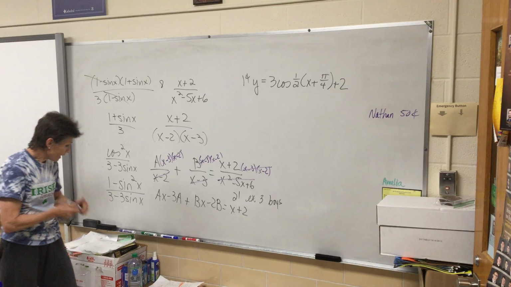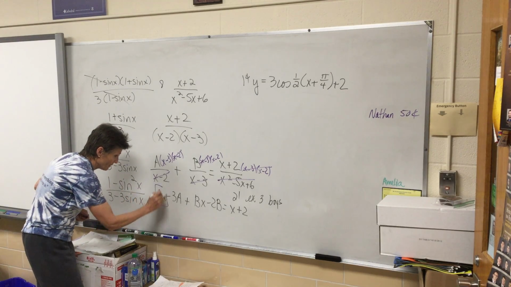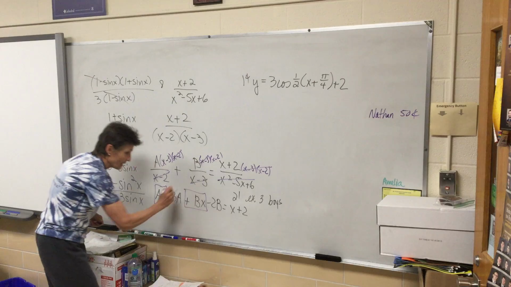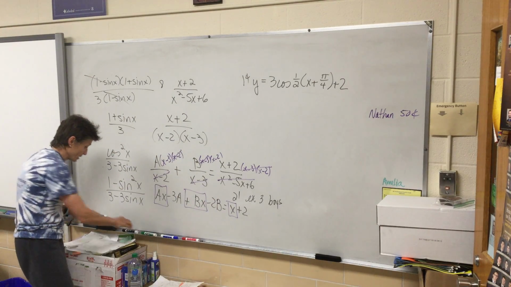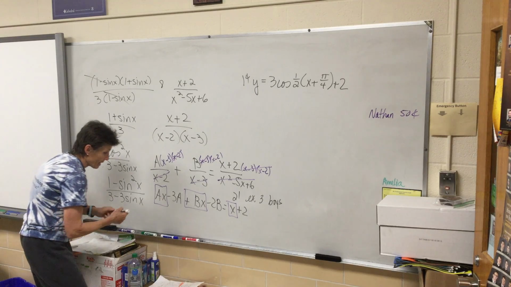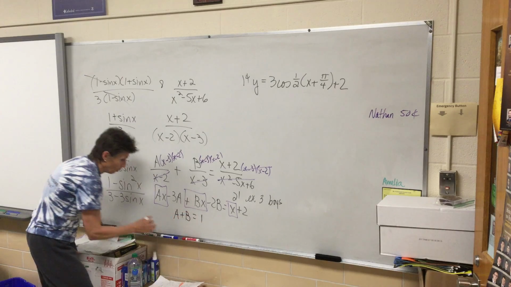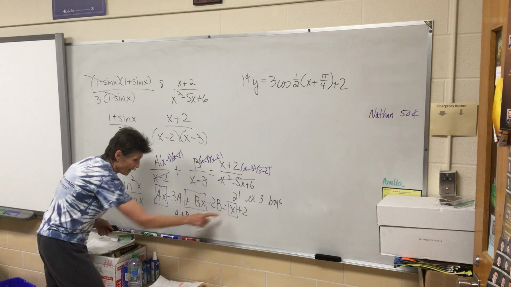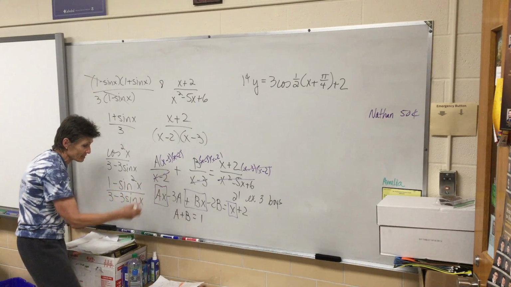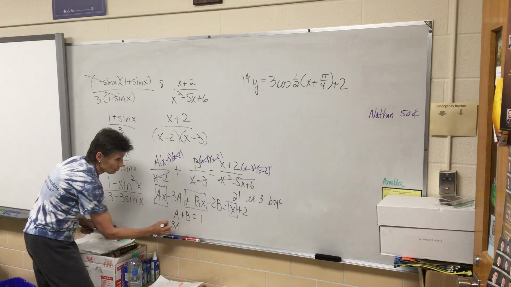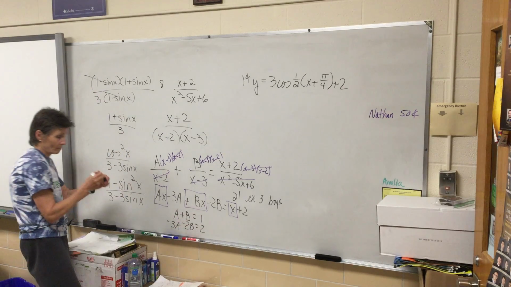Now, in this equation, the x's on the left have to equal the x's on the right. In other words, a plus b has to equal 1. And the non-x pieces are equal, so negative 3a minus 2b equals 2.